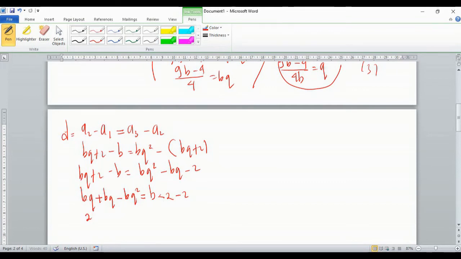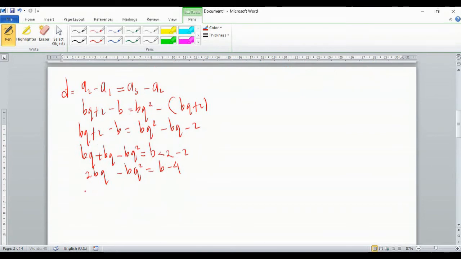So we have 2Bq minus Bq² equal to B minus 4. From here, you can group by Bq: Bq(2 minus q), equal to B minus 4.